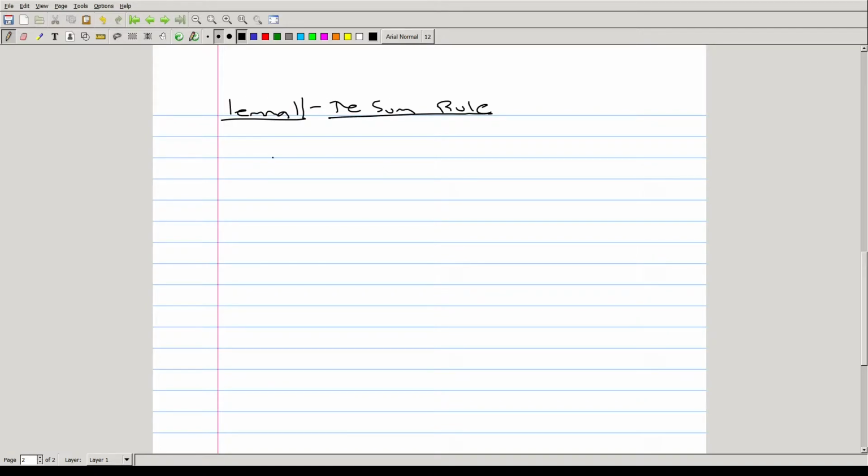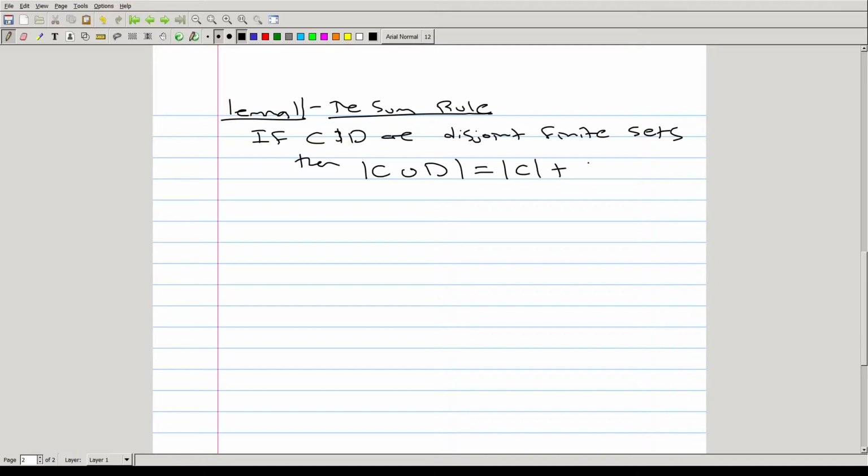The sum rule says that if C and D are disjoint finite sets, then the size of the union, the cardinality of C union D, is the cardinality of C plus the cardinality of D.